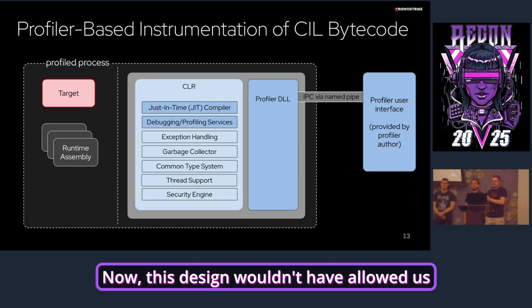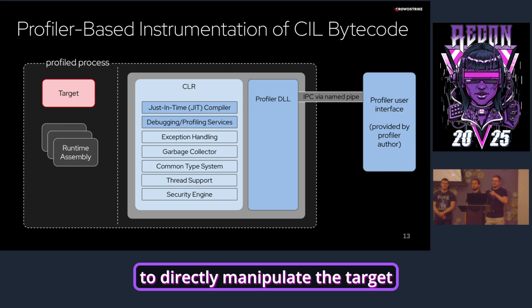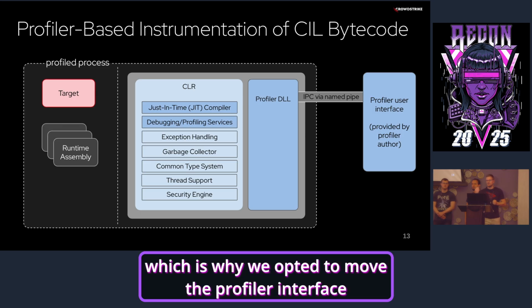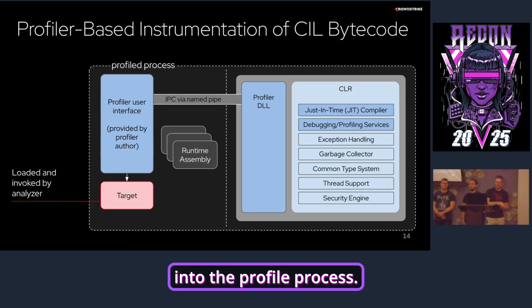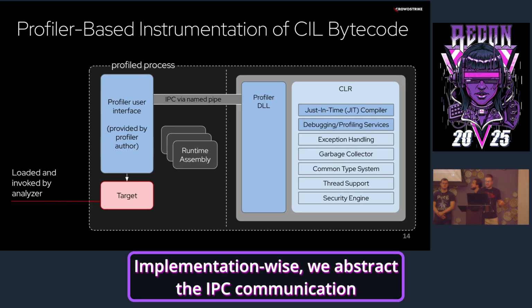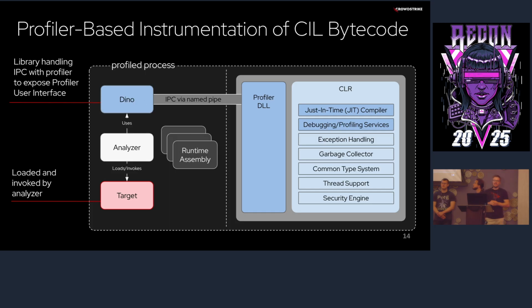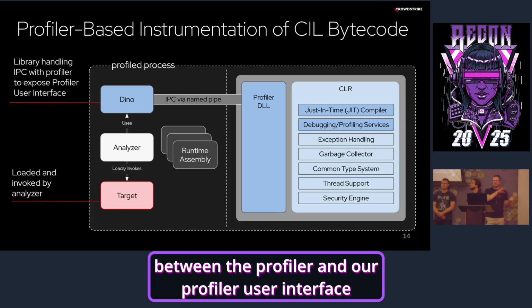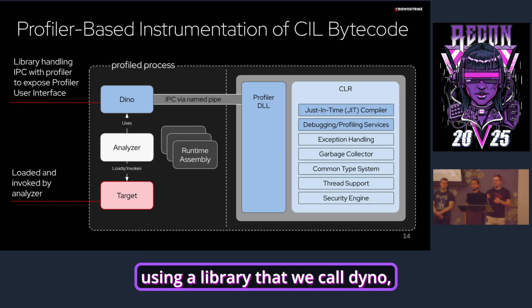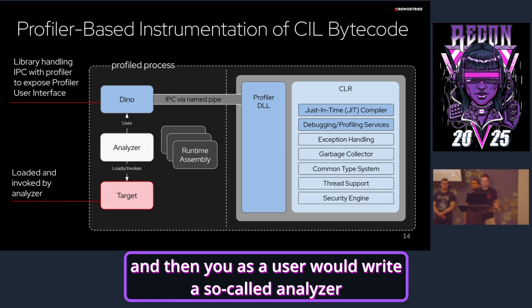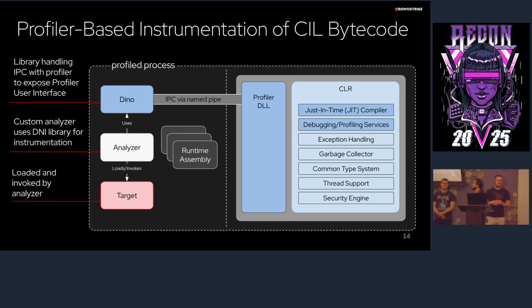Now, this design wouldn't have allowed us to directly manipulate the target from our profiler user interface, which is why we opted to move the profiler interface into the profiled process. Implementation-wise, we abstract the IPC communication between the profiler and our profiler user interface using a library that we call Dino.